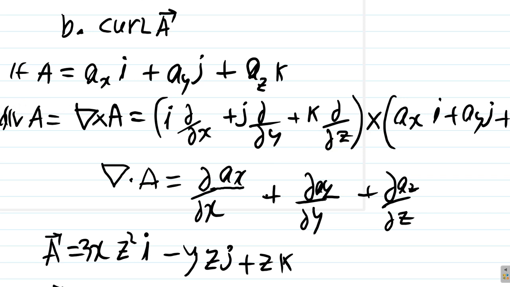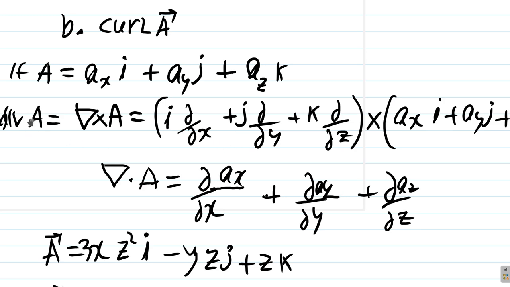So nabla cross A. Nabla, as before, is i partial by partial x plus j partial by partial y plus k partial by partial z.